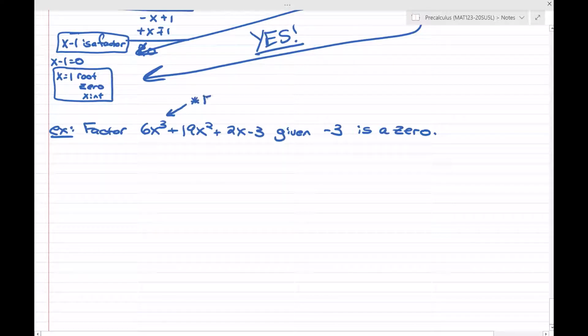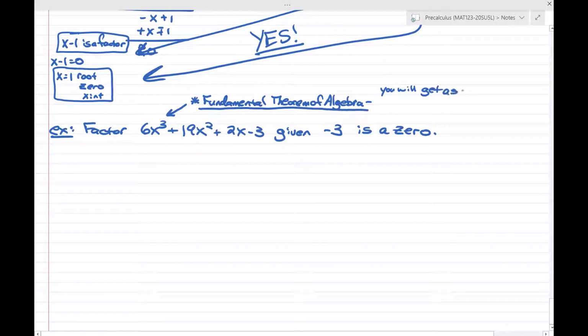Because of what's called the fundamental theorem of algebra. And we did talk about this before, but what the fundamental theorem of algebra says is you'll get as many roots as the highest power of x.